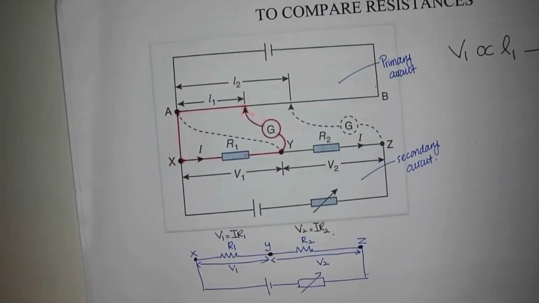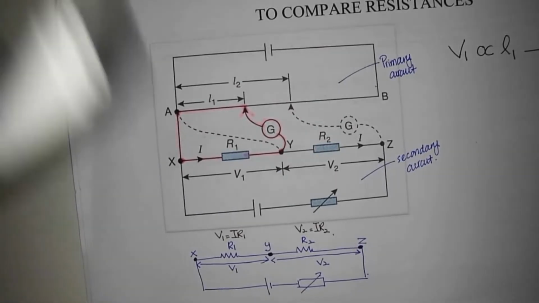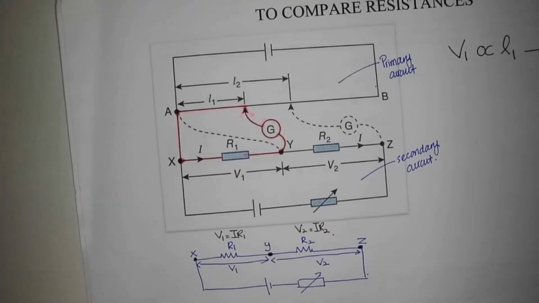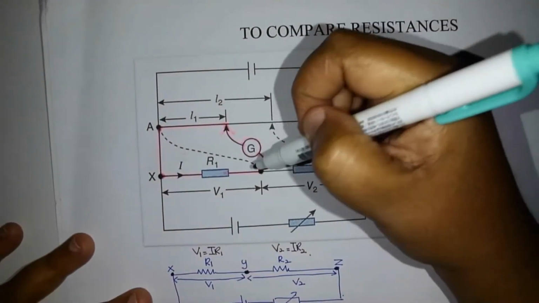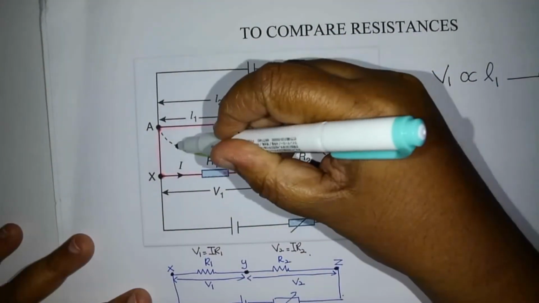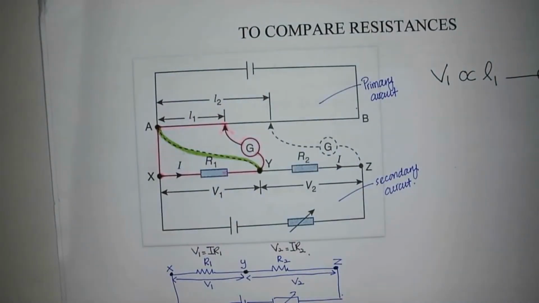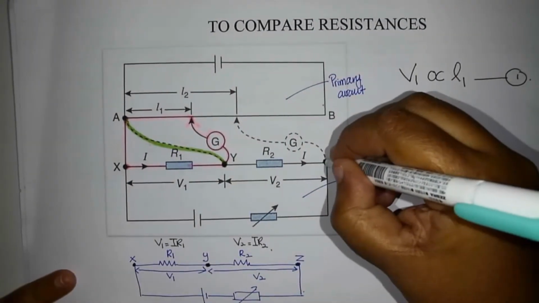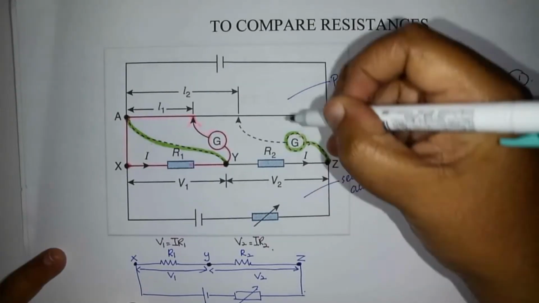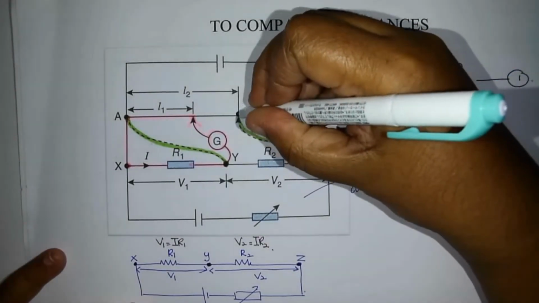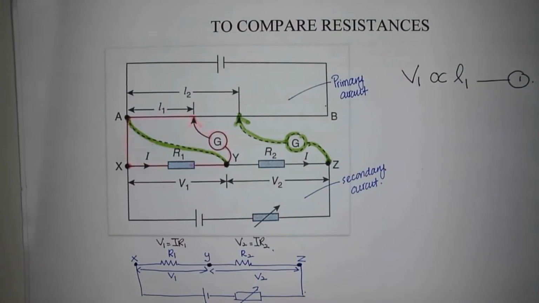Then next, we take another color. We take this point here, point Y, and connect it to A, and this terminal Z here we connect to the galvanometer, to the slider.